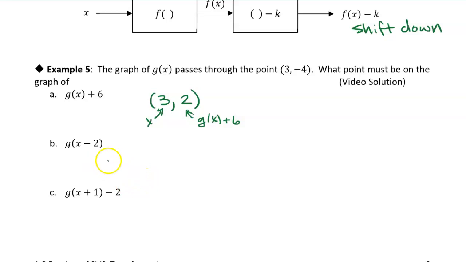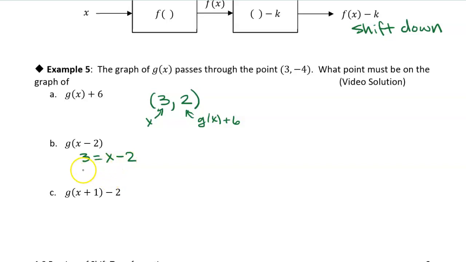All right, let's look at this next one. Now we want to find the point that would be on g of x minus 2. We only know the value of the function when 3 is the input, so we want x minus 2 to be equal to 3. What value of x is going to give us 3?